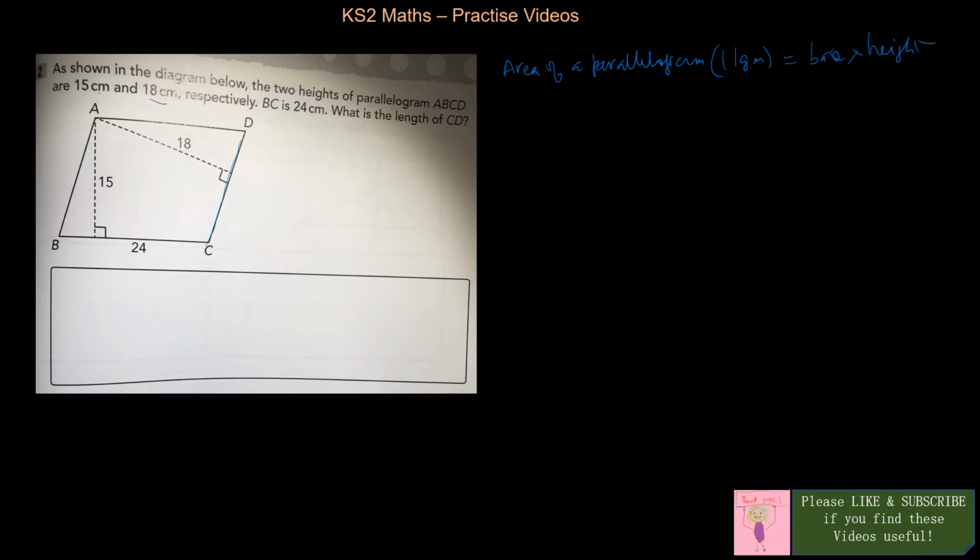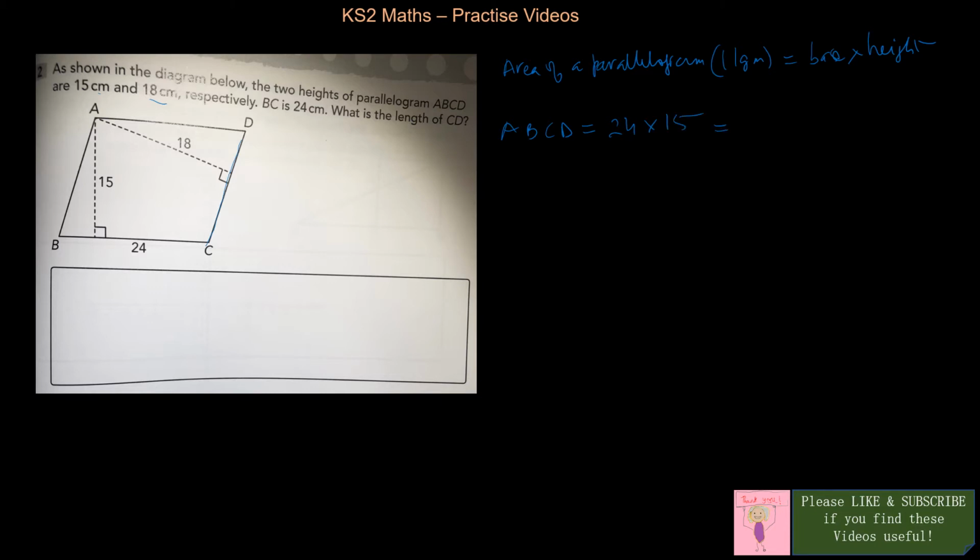So we have the base, which is 24 for ABCD. So for ABCD, we will have base 24 times 15.